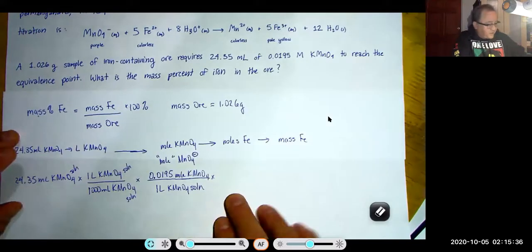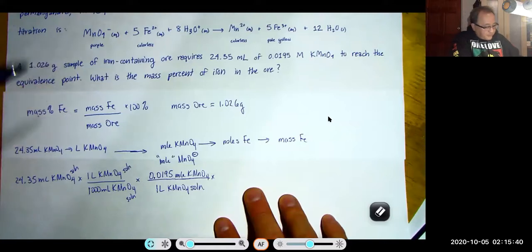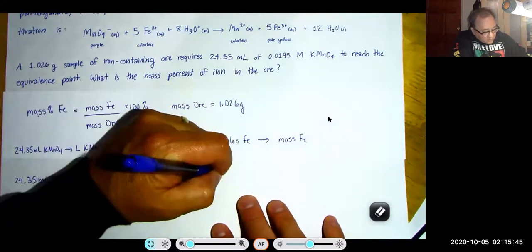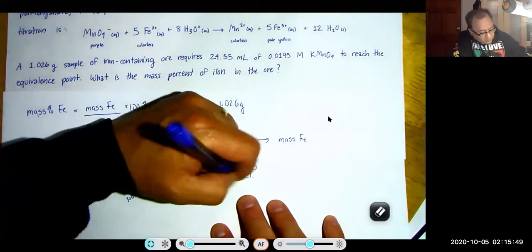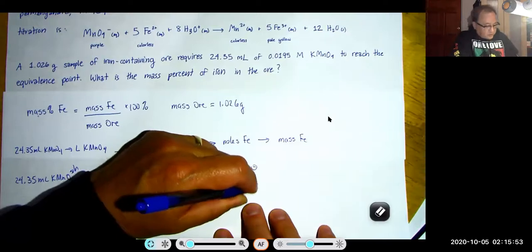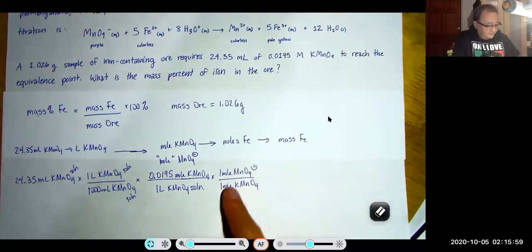Now, in the balanced equation, we don't have KMnO4, we just have MnO4. So I'm going to go ahead and change this to MnO4 and say that I have 1 mole of MnO4 per 1 mole of KMnO4. So if you take a look at one of these, you can see that if I cover up the K, I have one of the above.